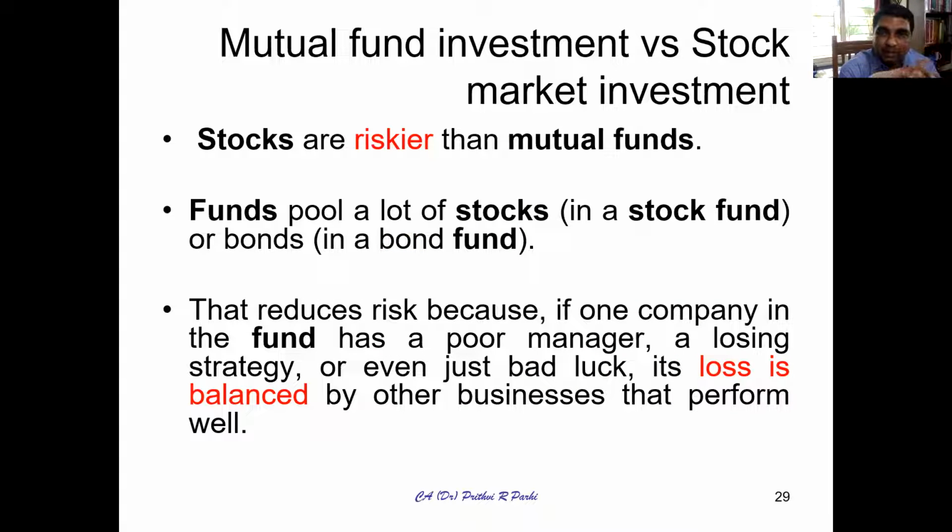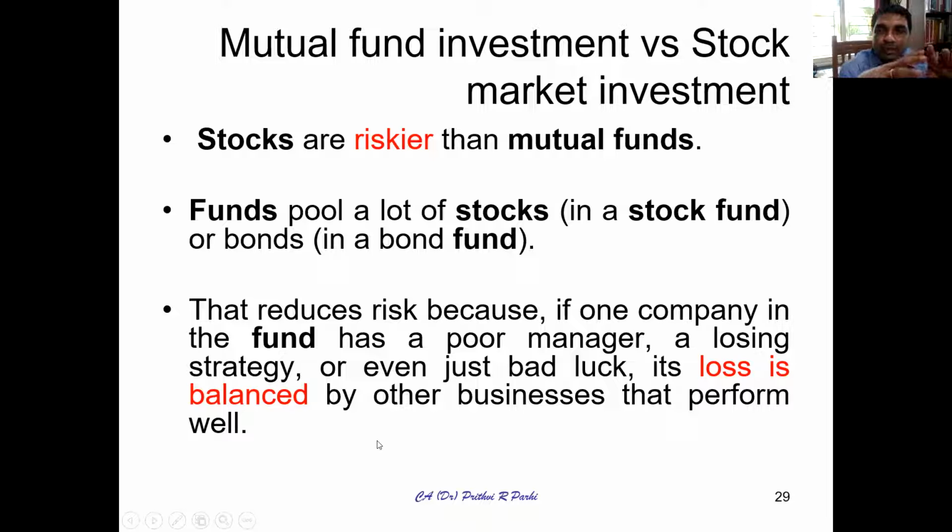By this time, we must have understood that the risk associated with mutual funds is relatively less than the risk associated with investment in the stock market. Right? Because a mutual fund is well diversified, and diversification reduces risk.